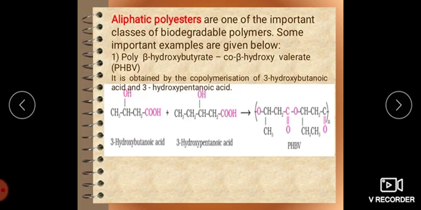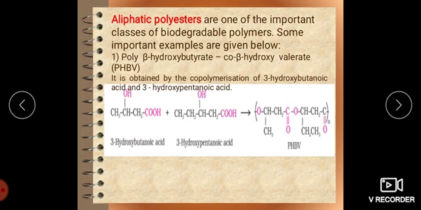Number one, poly beta-hydroxybutyrate-co-beta-hydroxyvalerate, nothing but PHBV. It is obtained by copolymerization of 3-hydroxybutanoic acid and 3-hydroxypentanoic acid, forming PHBV here.